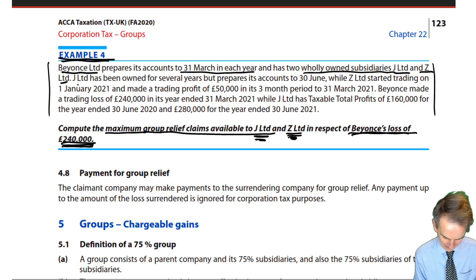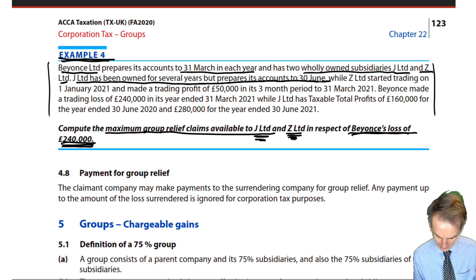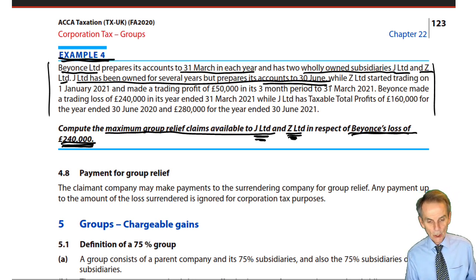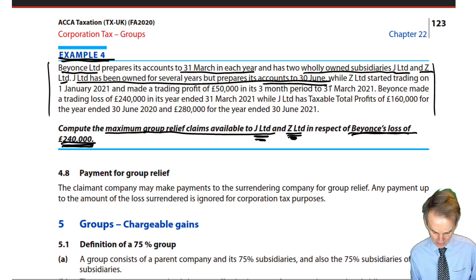J Limited has been owned for several years, but prepares accounts to the 30th of June. So non-coterminous accounting periods. Therefore, we need to see what is the loss-making period and which profit-making periods does Beyoncé's loss-making period correspond with, so far as J is concerned.